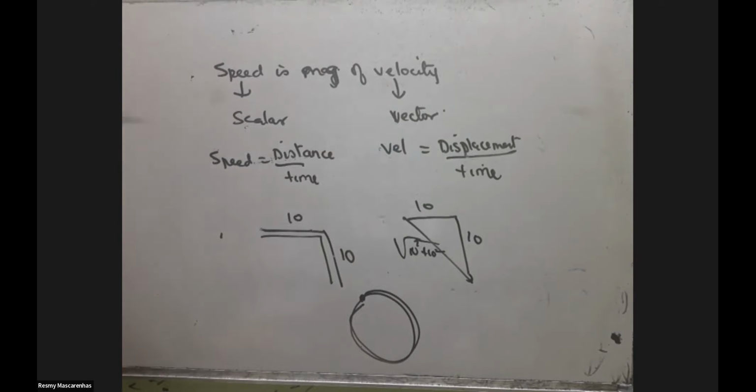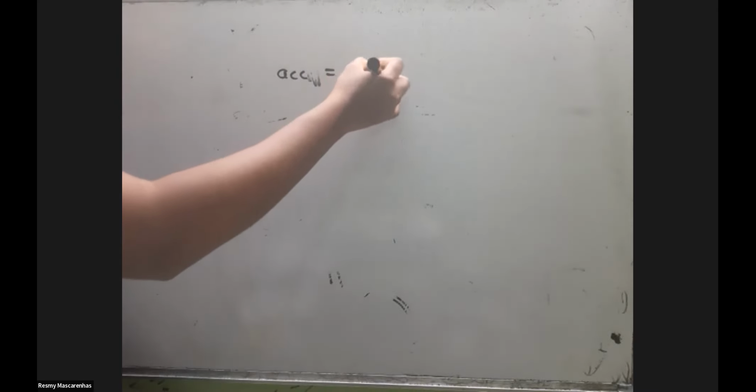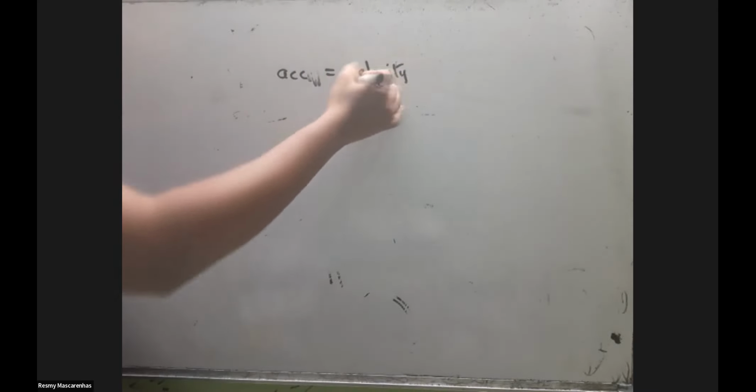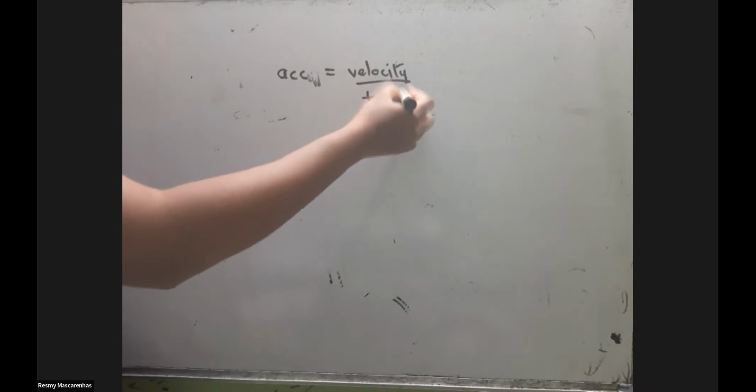So direction matters, which direction it is going. So speed is a scalar. If it was velocity, definitely it would be a vector. Now you know that acceleration is nothing but change in velocity upon time.